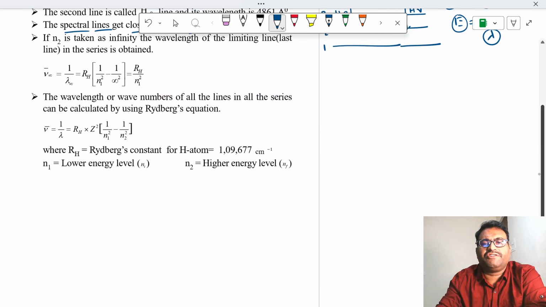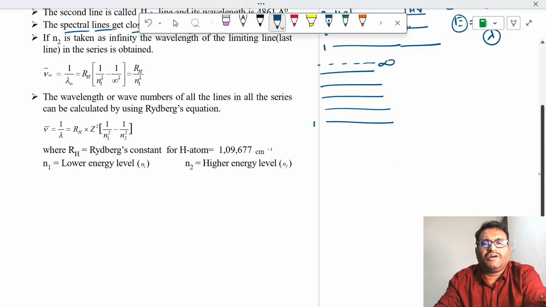When N2 is infinity, for any spectral line, what is this infinity? In the Rydberg formula, already we have seen nu bar is equal to RH into Z square, 1 by N1 square minus 1 by N2 square. We have N2 here, right?